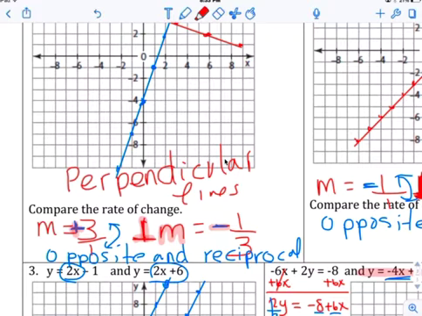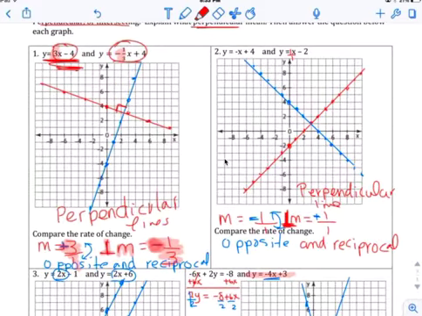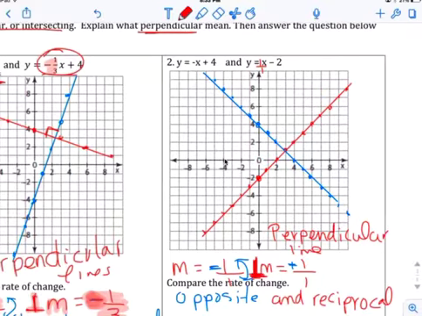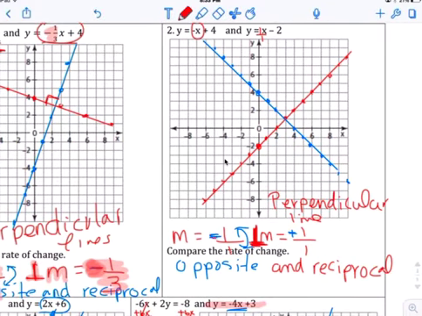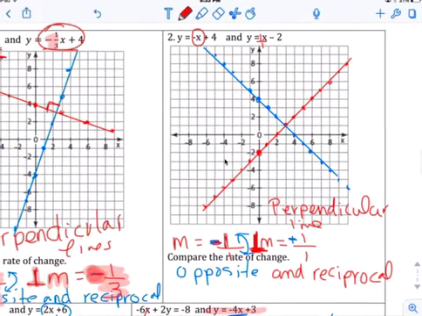Slope is -1 over 3. If it's a +3, it becomes a negative. And then flip it. And you do notice the same, that's still perpendicular.